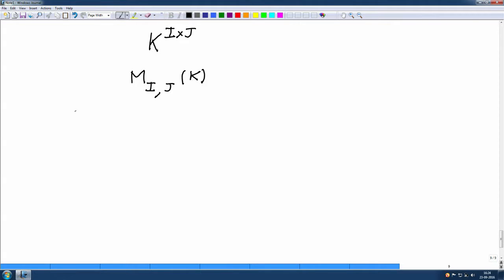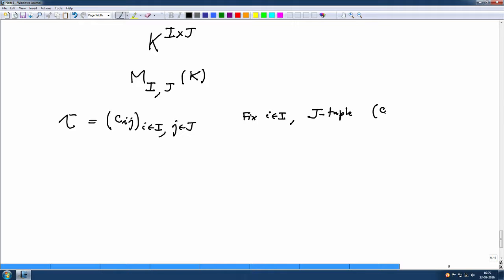So for example, if I take a matrix C, that means C has entries Cij, where I varies in I and j varies in j. If I fix I in I and let j vary, that means we look at the j tuple Cij, where j is varying.